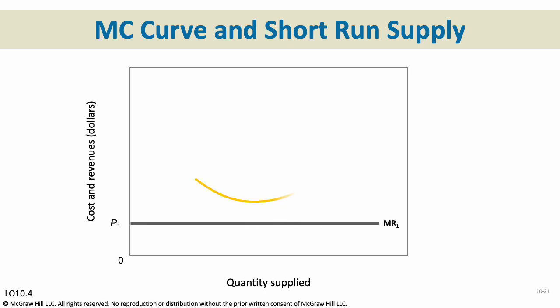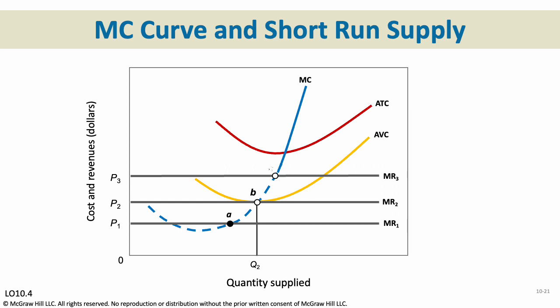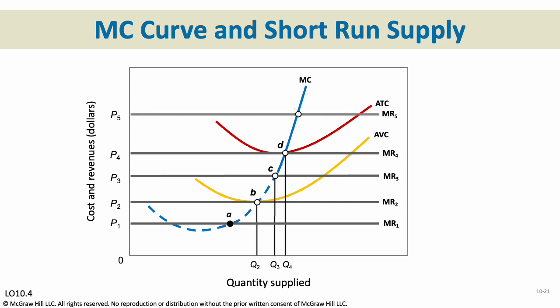So what we're looking at here is the quantity a firm will produce at a variety of prices. Firms continue to follow the maximizing rule and will produce where marginal revenue equals marginal cost, and they'll produce as long as the price is greater than the minimum average variable cost. As marginal revenue is changing, as price changes, it's going to change how much we're going to supply.